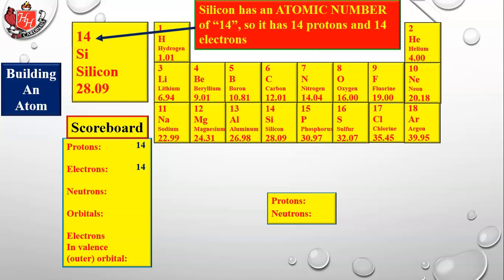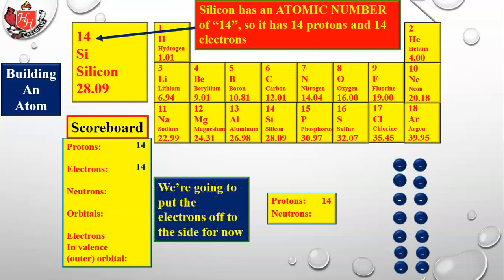I draw it as a rectangle so you don't confuse it with an orbital, which is round. And so you have the 14 protons. Rather than drawing 14 circles with plus signs, we're just going to put the number 14 there. But there should be 14 little circles with plus signs if we wanted to really draw a diagram. Okay, and we're going to put the electrons off to the side for now. Over there on the right, you can see 14 electrons, but we're not going to place those yet.